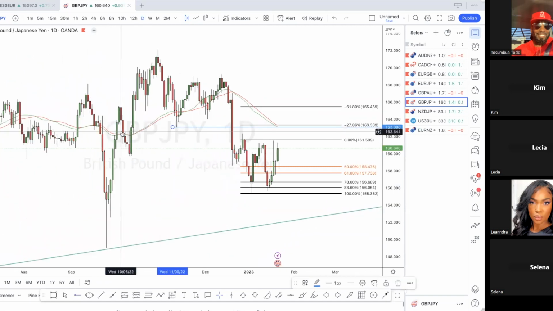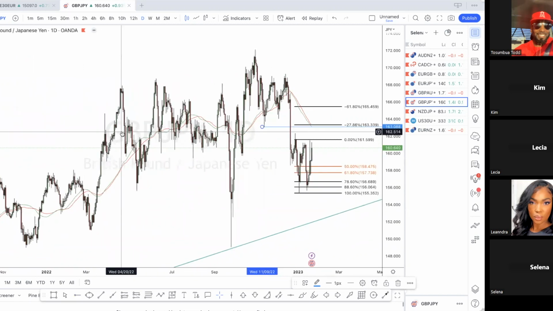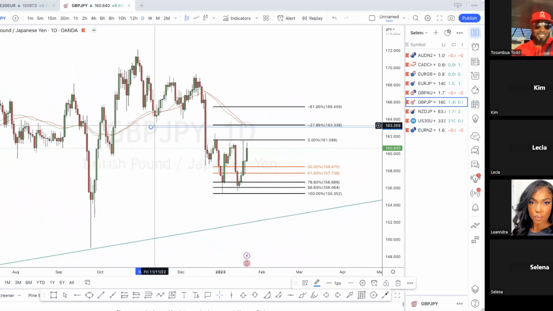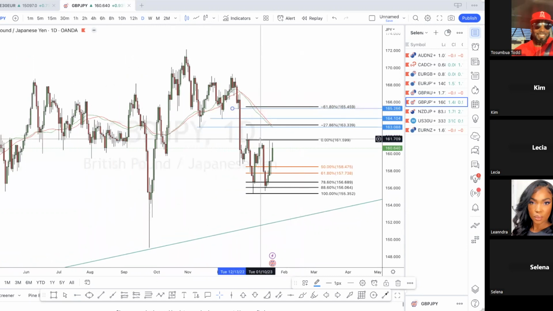Actually, maybe come back and retest these areas here, or possibly, I don't think it's going to come all the way to the, it might. One day it will. But can you measure the pullback to your golden zone?